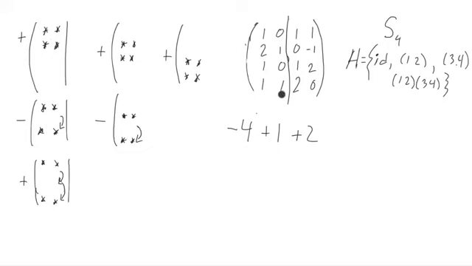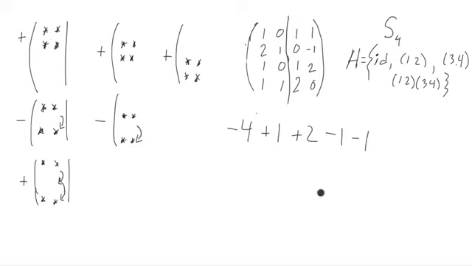We have 2 minus 1, which is 1, times what's kitty corner to it, 2 minus 1, which is 1. So 1 times 1, but with a negative, so -1. Then we're left with the bottom one, which has a determinant of 1, multiplied by this top one, which has a determinant of -1. So we get -1.